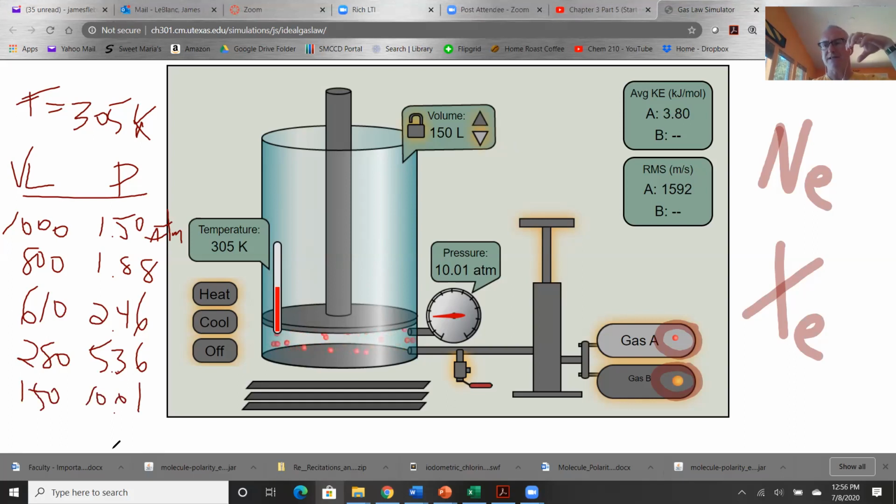So I've seen a lot of gas cylinders, and they have what's called a regulator on the top. And if you exceed a certain pressure, it lets off pressure. And so it looks like this particular gauge is limited to 10 atmospheres. So probably if I go above 10 atmospheres, it will vent gas until I get back down to 10 atmospheres.